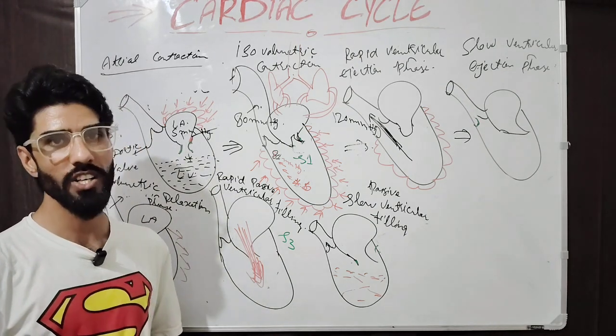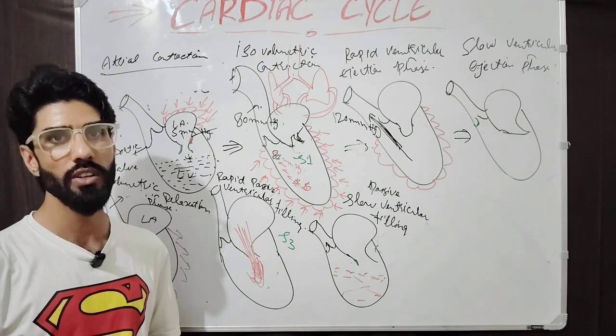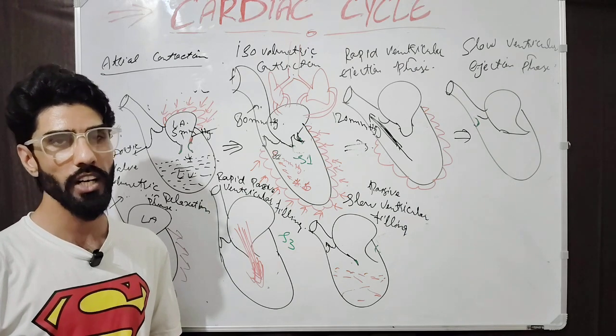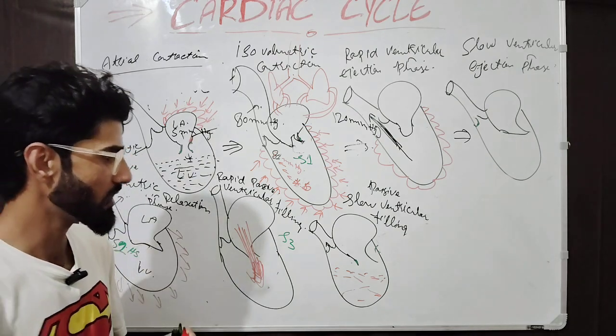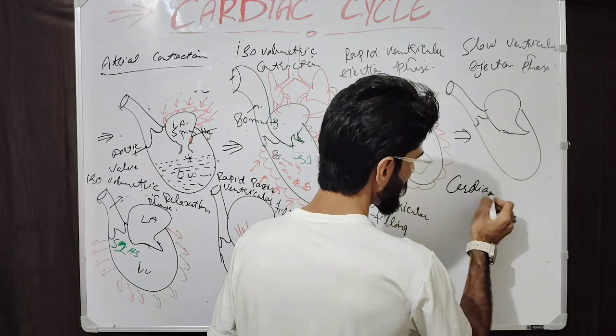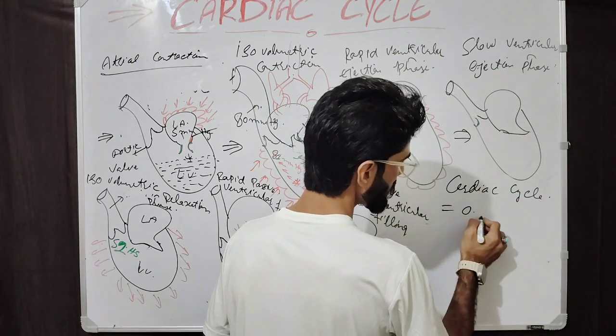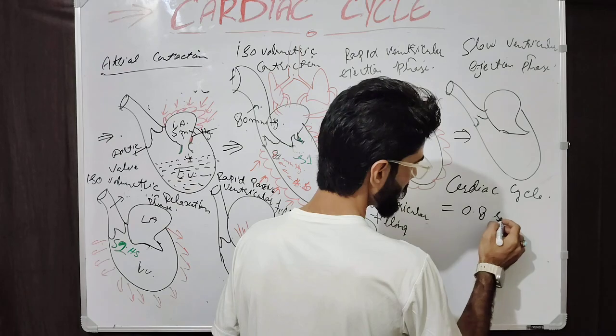At an average heartbeat of 72 beats per minute, the cardiac cycle is normally 0.8 seconds.